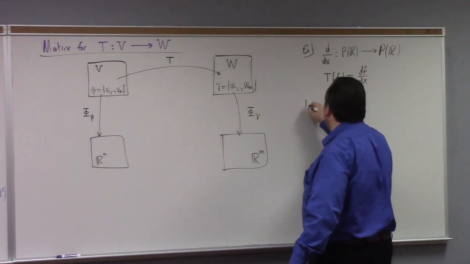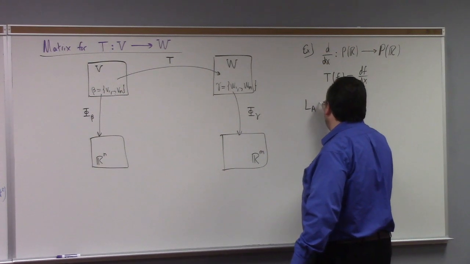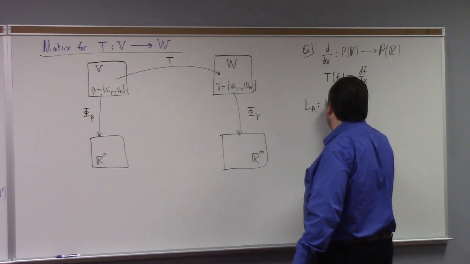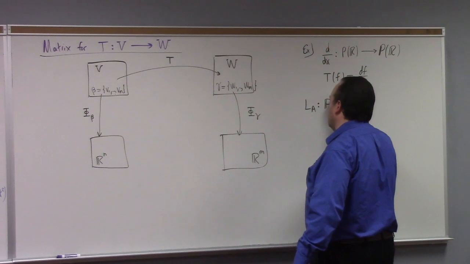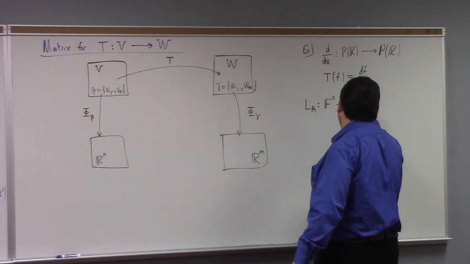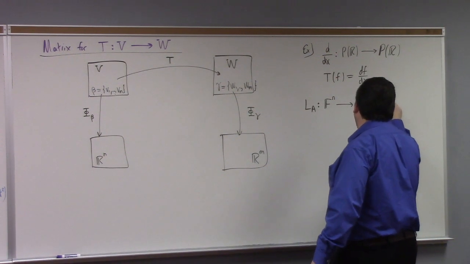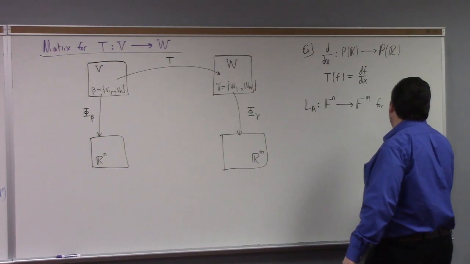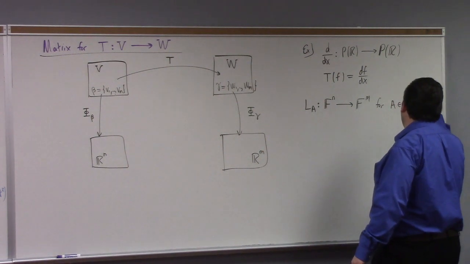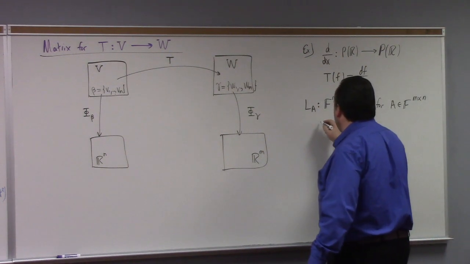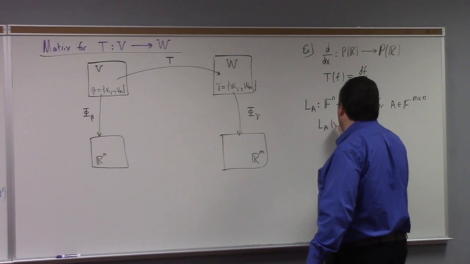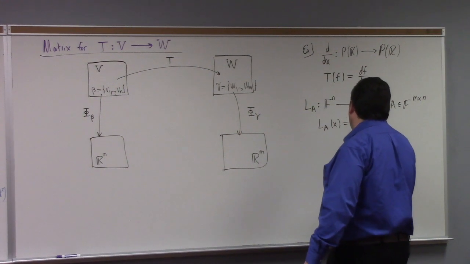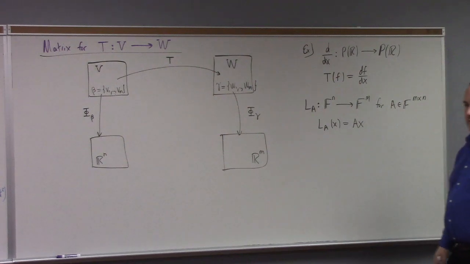Now, notation, guys. L sub A is a mapping from, let's say, Fn to Fm, for A an element of F m by n, so an m by n matrix. And the definition for L sub A is simply this: L sub A of x is equal to Ax. That defines a linear transformation.